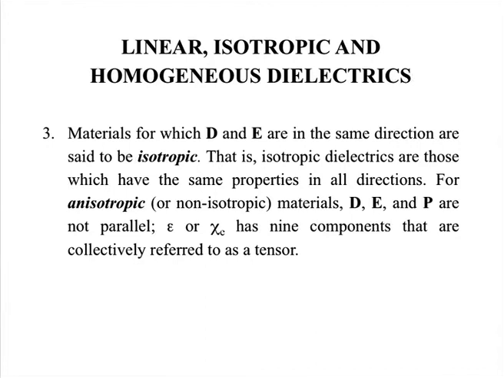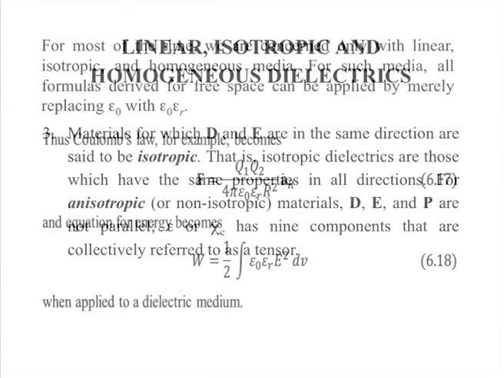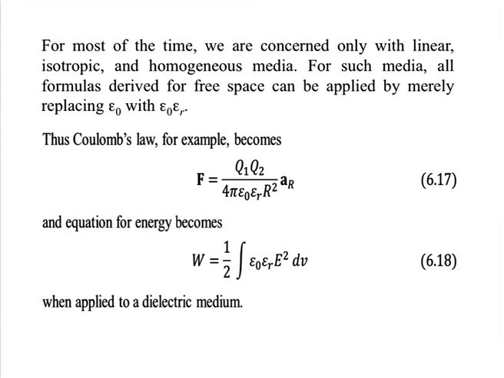For anisotropic dielectrics, D, E and P are not parallel. In such cases, the permittivity or susceptibility has 9 components and together they are known as a tensor. For most of the time, we are concerned only with linear, isotropic and homogeneous medium.